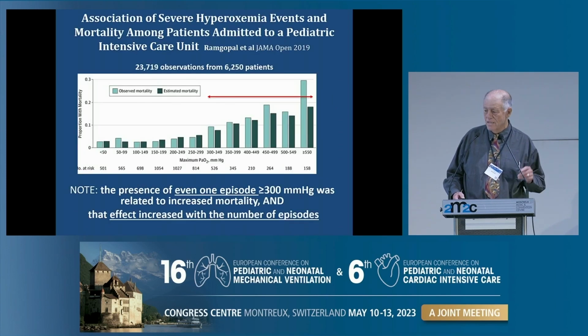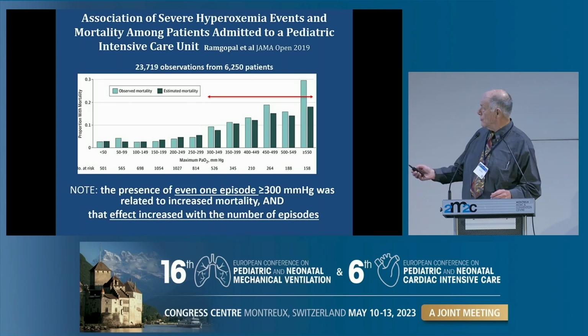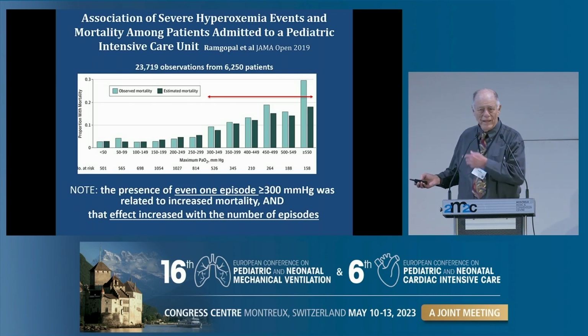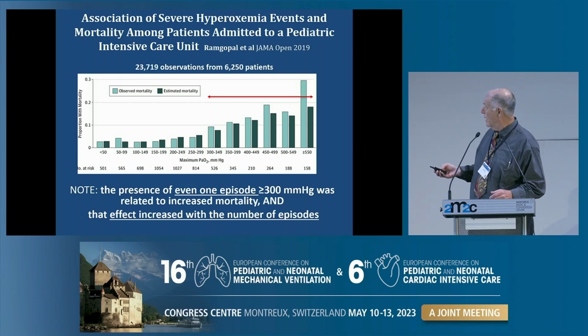That study by Ramgopal was published in 2019. Let me try the laser here. You can see the dark green is the estimated mortality based on the PRISM score, or they used a different estimate actually, not the PRISM.